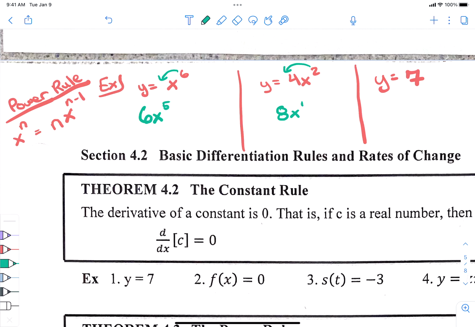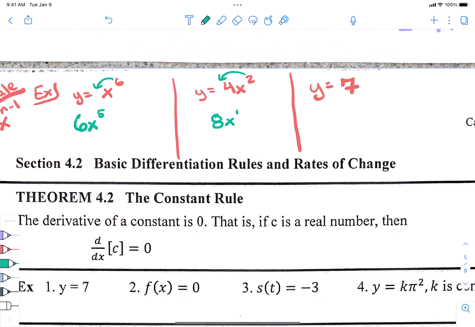Now, here's the deal. If we have 7 and there's no x on it, if it helps you, you can think of it as having an x to the 0 power on the end of it. We move the 0 down in front, and we have 0 times 7x to, technically, the negative 1st power.